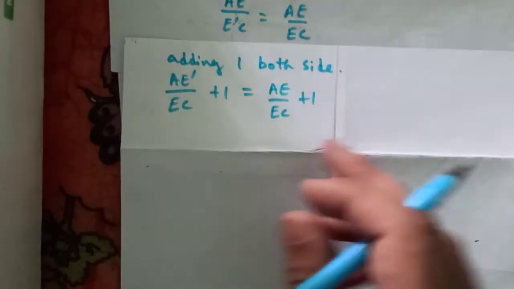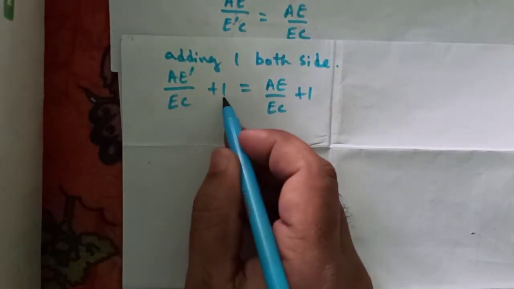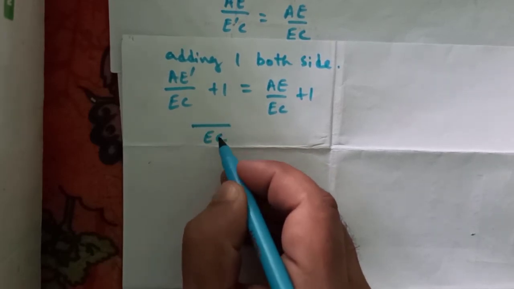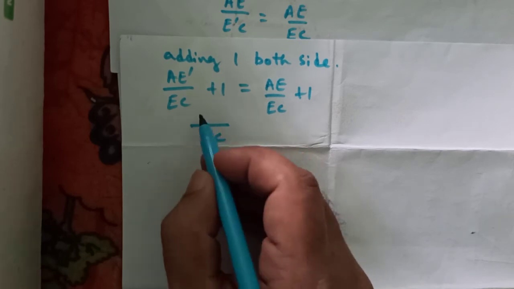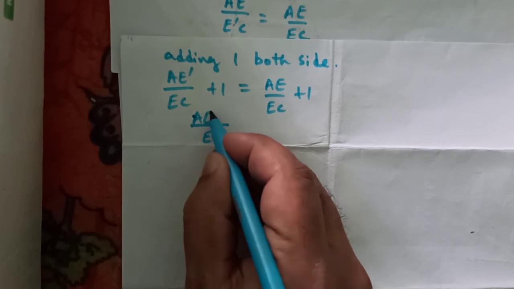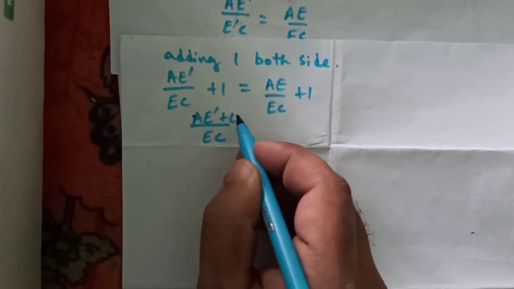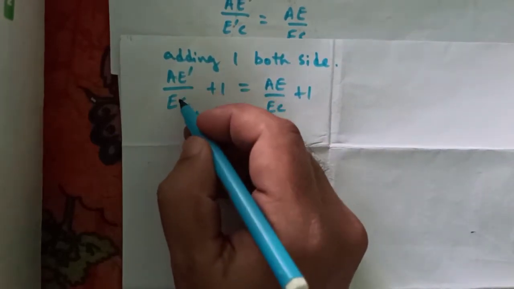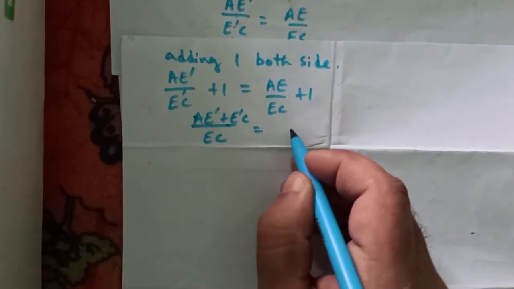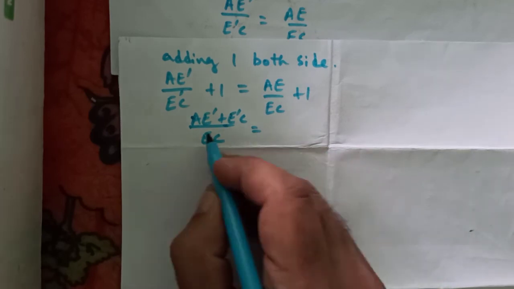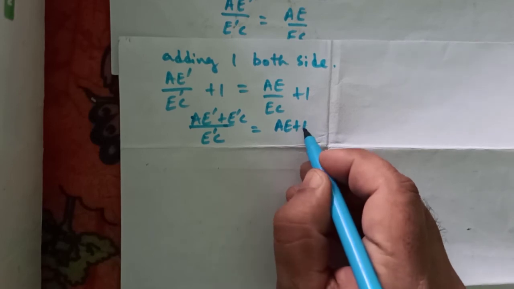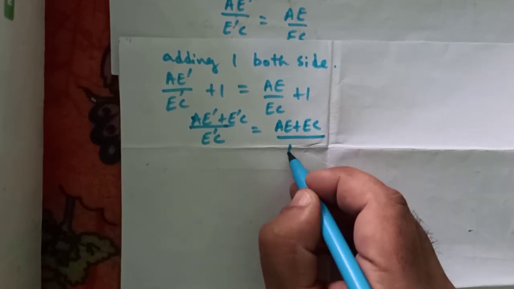On adding, if we take the LCM, it will be EC only, and E dash C on the left. So it will be AE dash plus E dash C upon E dash C equals AE plus EC upon EC.